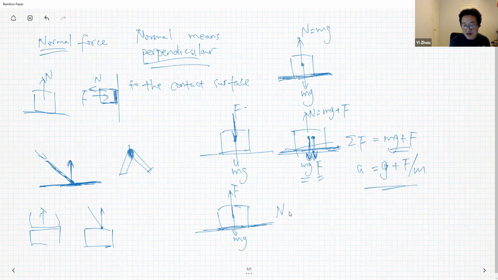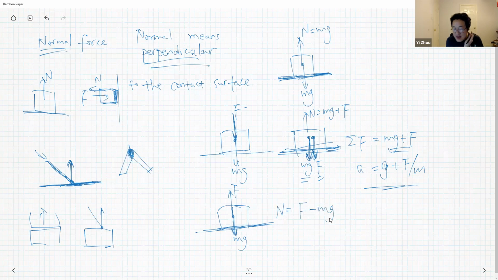The normal force, we'll use N, equal to what in this case? Anyone? F minus mg.